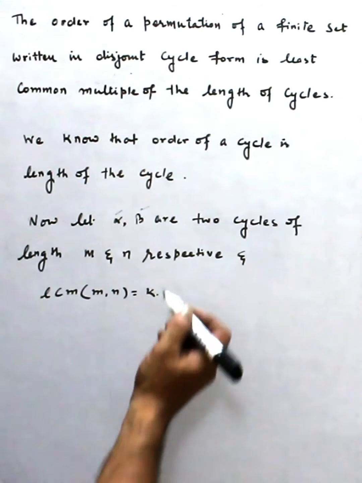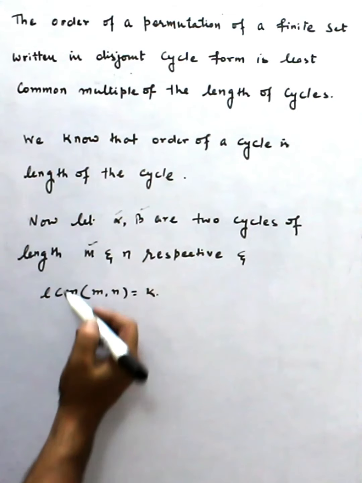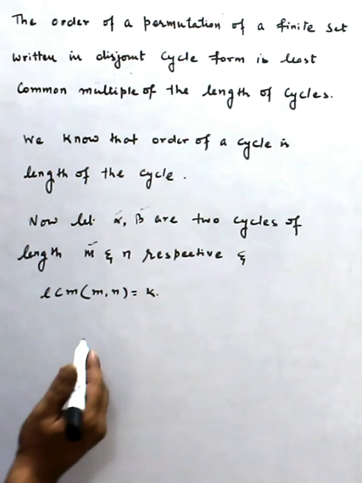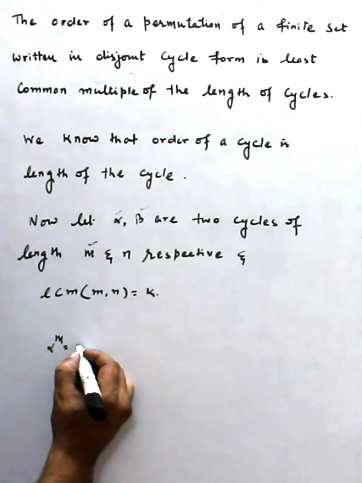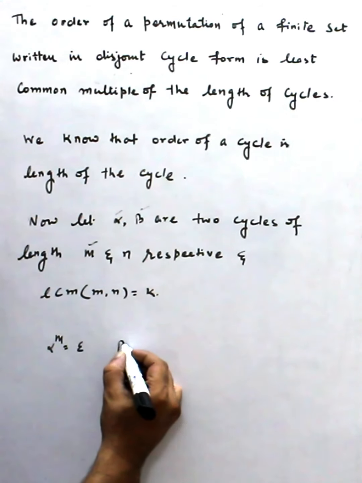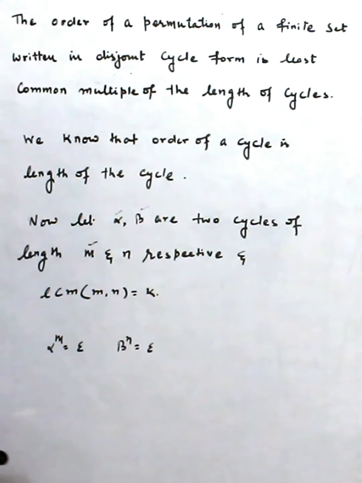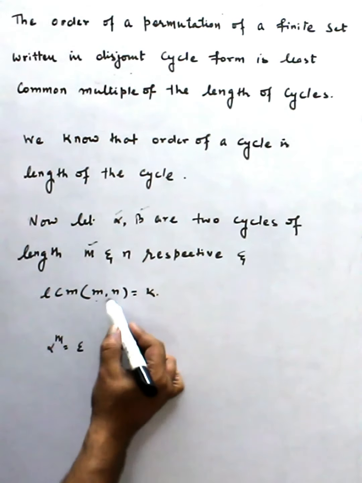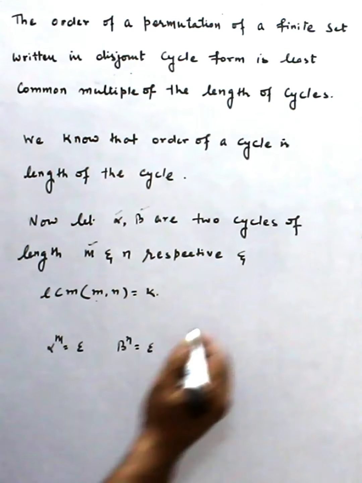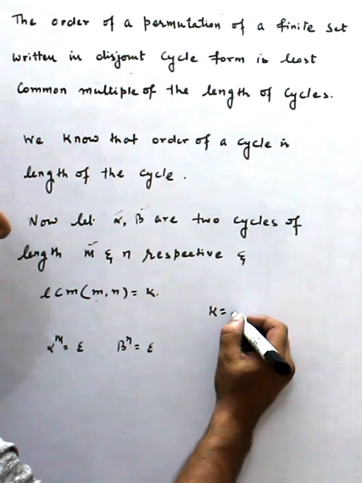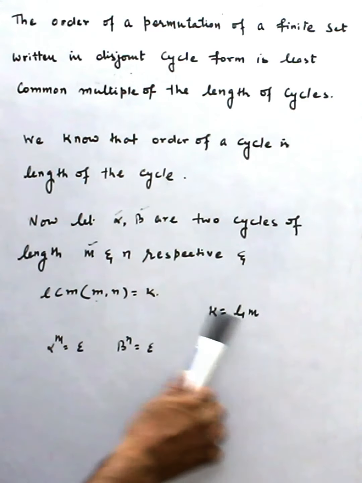One thing: if the length of alpha is m, that means its order is m. This means alpha to the m becomes identity. Similarly, beta to the n becomes identity, right? But we are taking k, that means k is some multiple of m. That means we can write k as, suppose, L1 times m. It is some multiple.